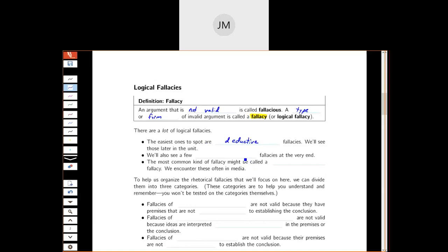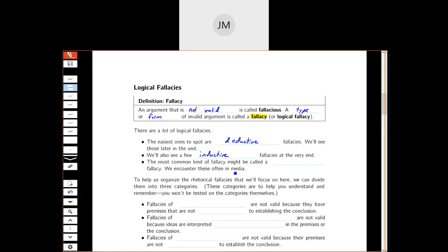We can analyze those with symbolic logic very effectively. We'll also see a few inductive fallacies. Those are a little bit more complicated, again, because inductive reasoning is not quite as straightforward. The conclusion doesn't always have to follow for the reasoning to be valid.